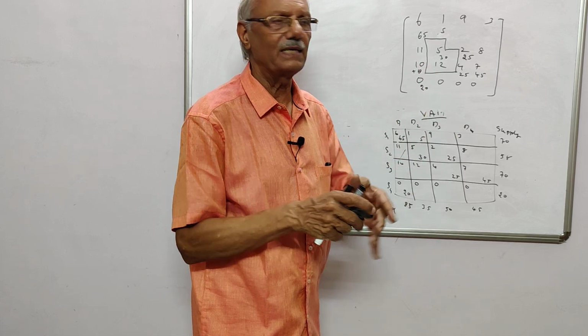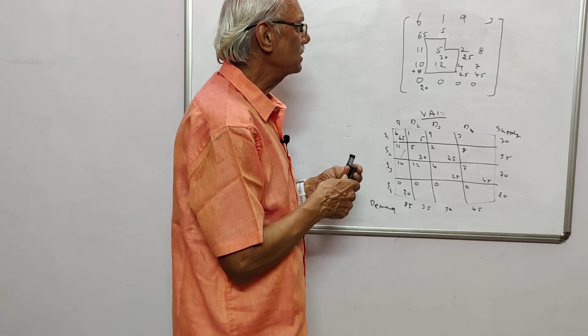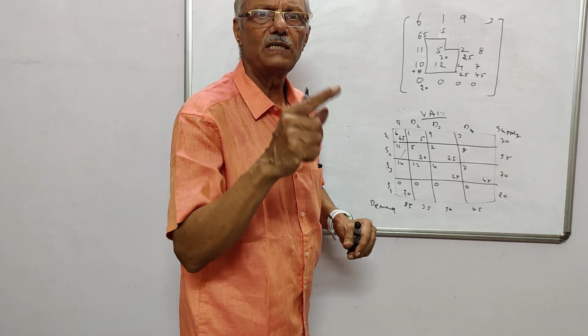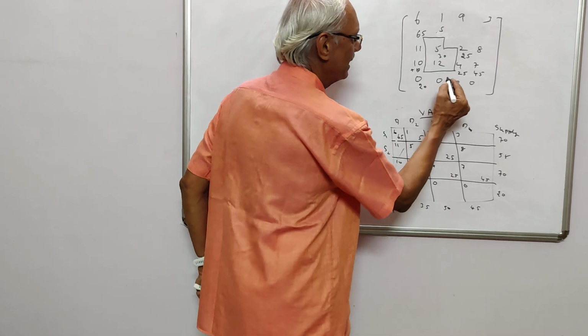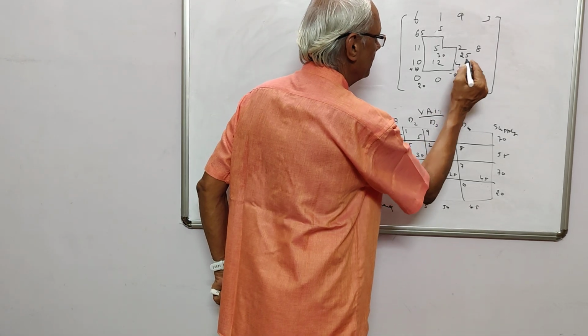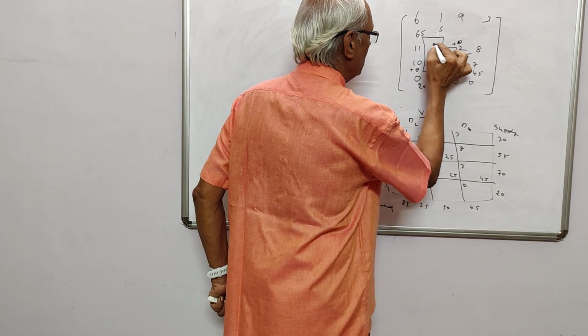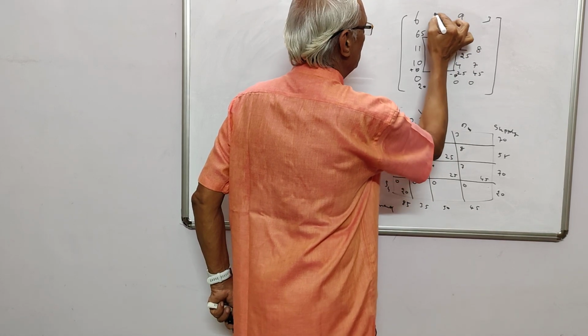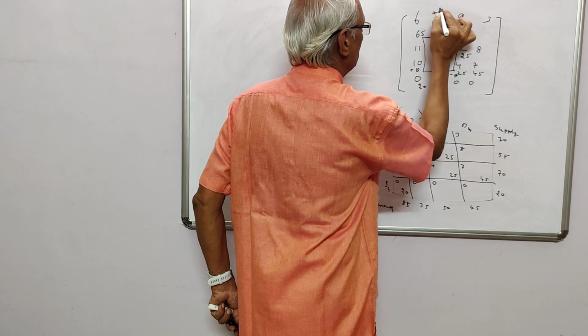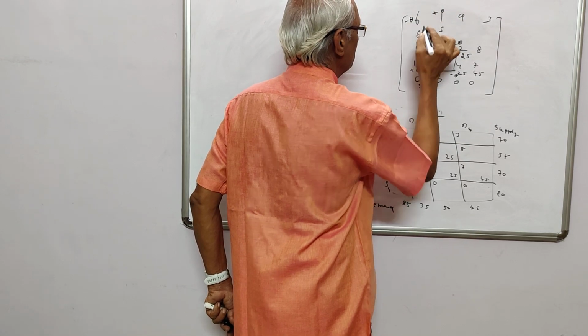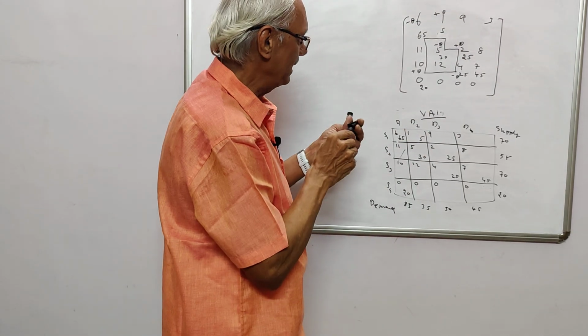The allocated cells. Then after that you start alternately, you give plus theta, minus theta, like that. So you see that this is your minus theta, this is your plus theta, this is your minus theta, this is your plus theta, this is your minus theta. So you see that I am connecting it by what?